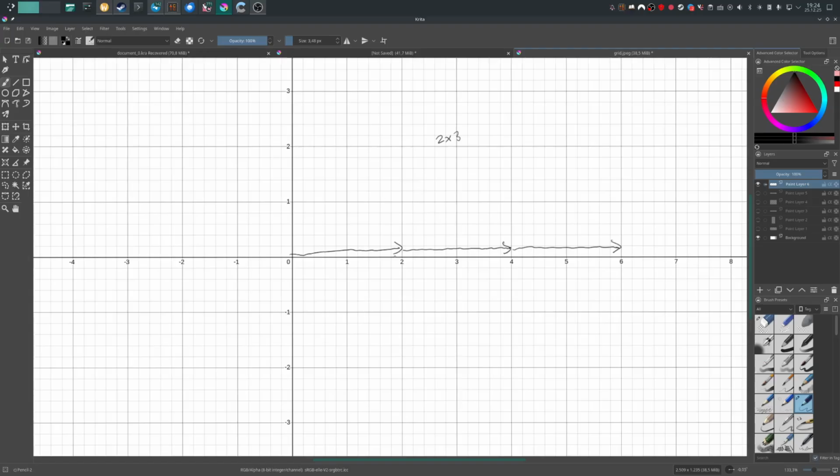Essentially what it does, it multiplied the length of 2 arrows. So it takes the arrow of 2 and the arrow of 3 and it multiplies the length 2, length 3, and that gives you the length of the biggest arrow that goes to 6.